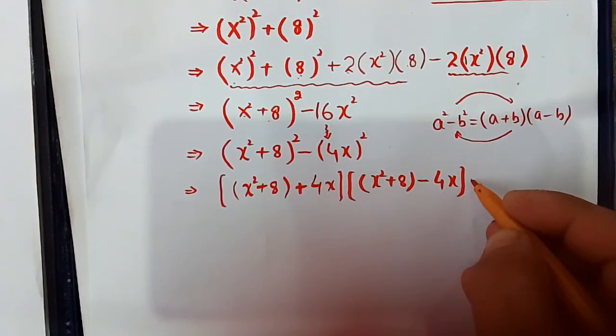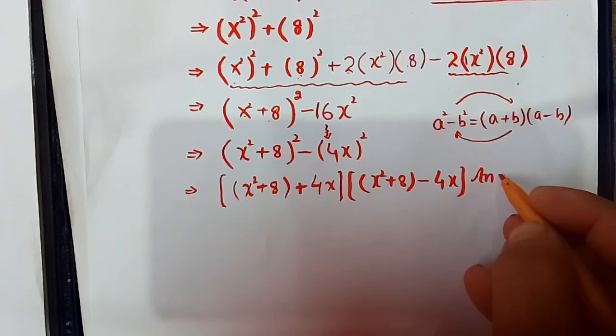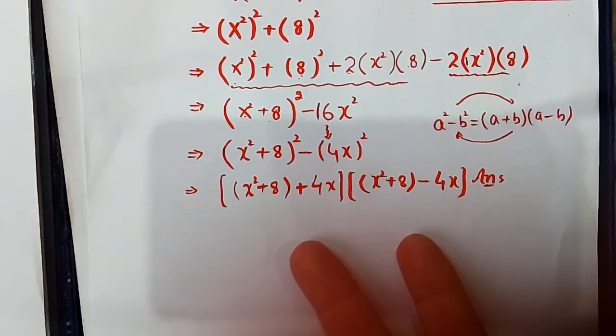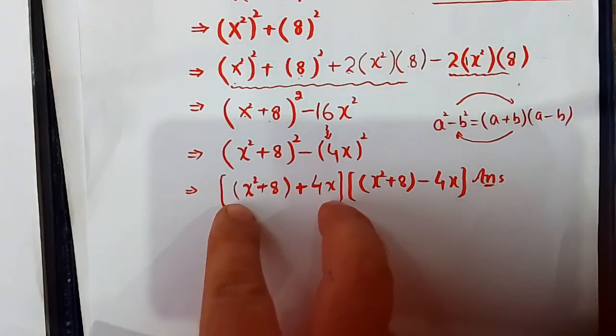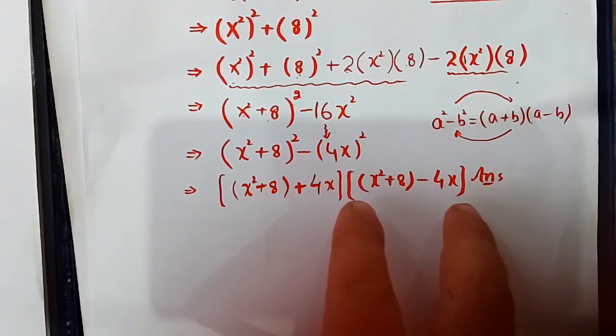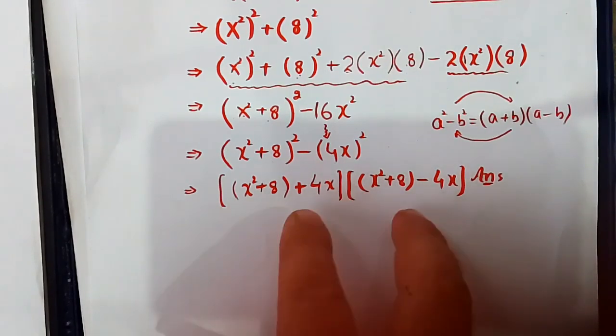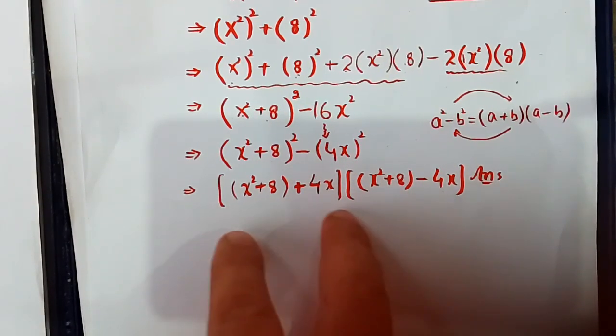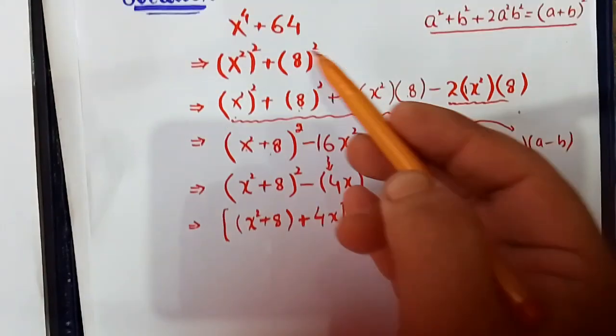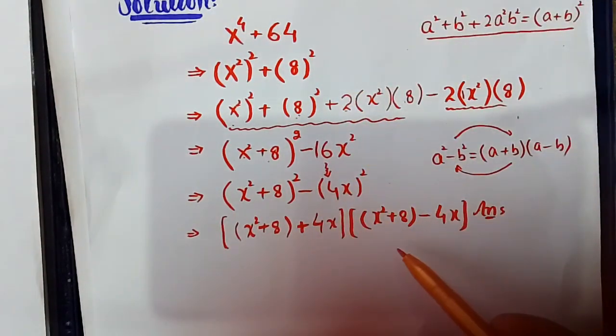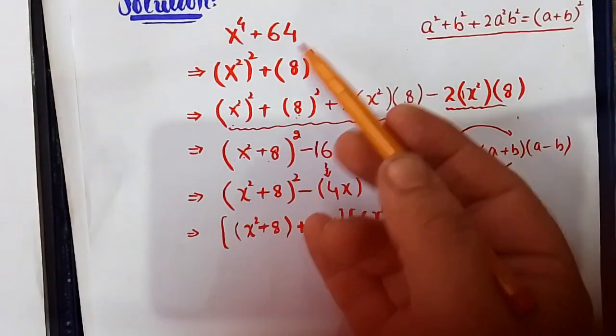So it is our required answer because these are in multiple form. This term is multiplied with this term. So these terms are in multiple form. We can say this expression is converted into its factor form. These two are its factors.